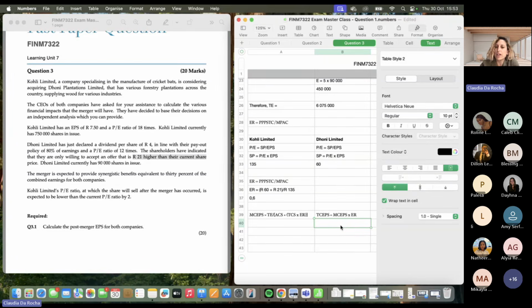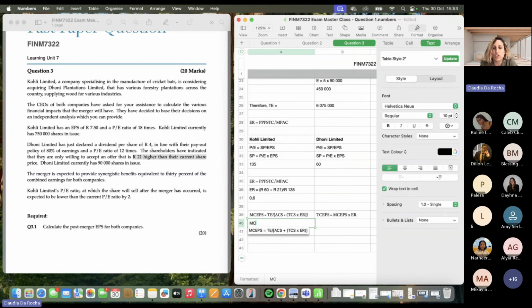So now we can do the formula. The merged company or the acquiring company EPS is equal to your total earnings, which we said is the 6075, all divided by the acquiring company shares.